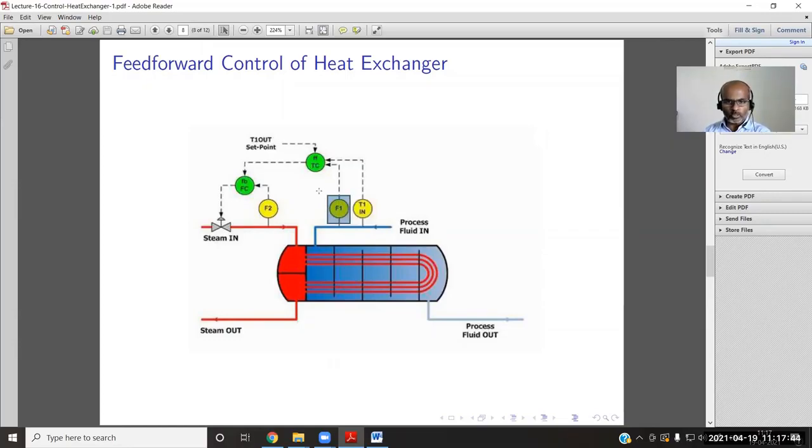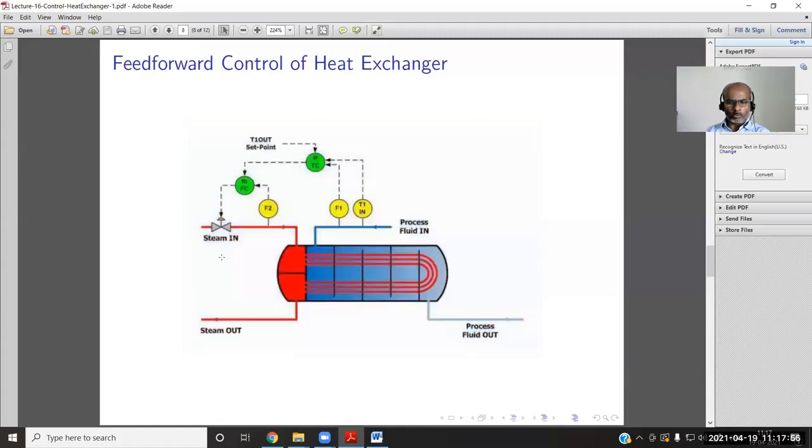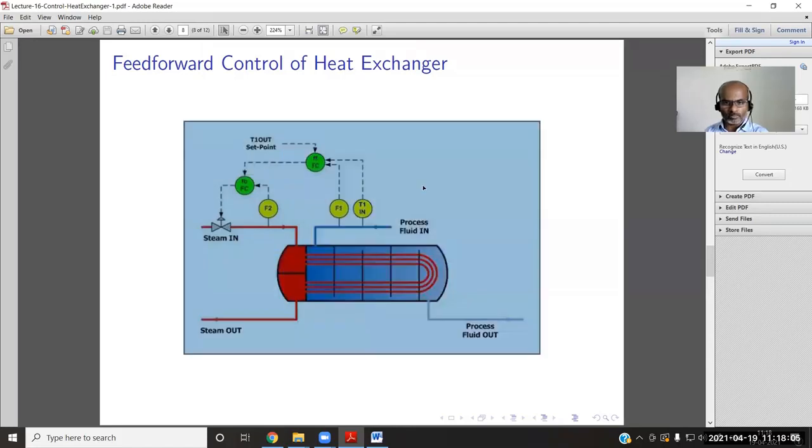That can be the inner loop, and the innermost loop can be the manipulated variable, always measuring the steam flow and also adjusting the valve opening. So here it is both feed forward and cascade. Otherwise, in feed forward also you can have a cascade.